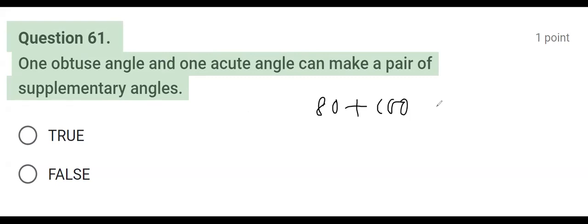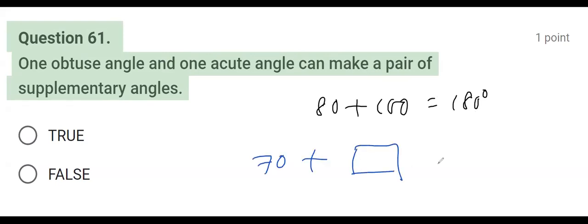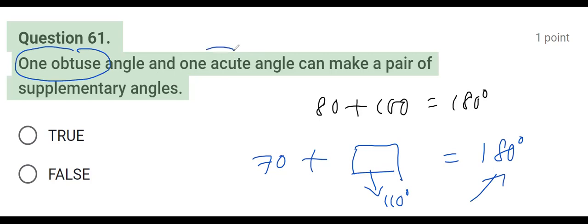I took one as acute and the other as obtuse, and their sum is 180 degrees. Like for example, in this case, I have to write 110 in order to make 180 degrees. So for two angles to be supplementary, if one angle is acute, then the other must be obtuse.